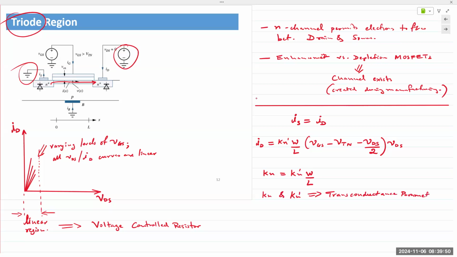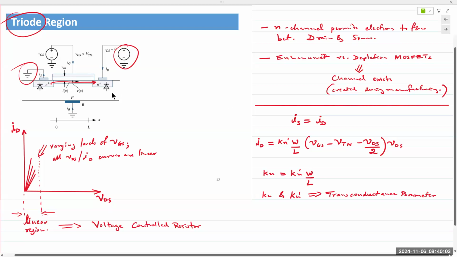And you can see why I keep repeating that it's a function of the manufacturing process or the way it is designed. It depends on the width and the length of the gate.